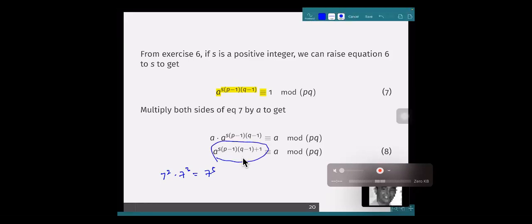For example, 7 times 7 cubed is equal to 7 to the 4th. So in other words, we just add +1 here. That's where you get the +1. The +1 actually came from A.